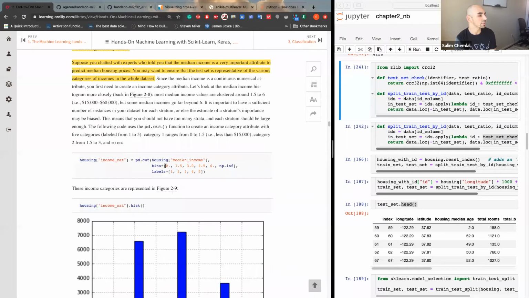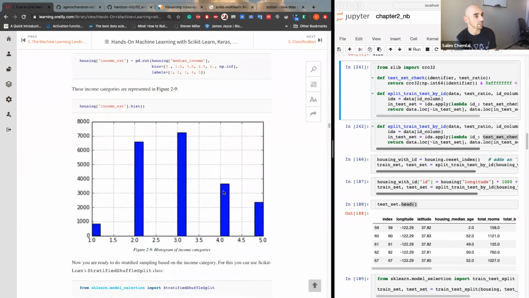So for example, here you say, from values 0 to 1.5, it's going to be the first bin, with label 1. From 1.5 to 3, that will go into label 2, and so forth. Lastly, anything above 6 will go into the 5th bin, which has label 5.